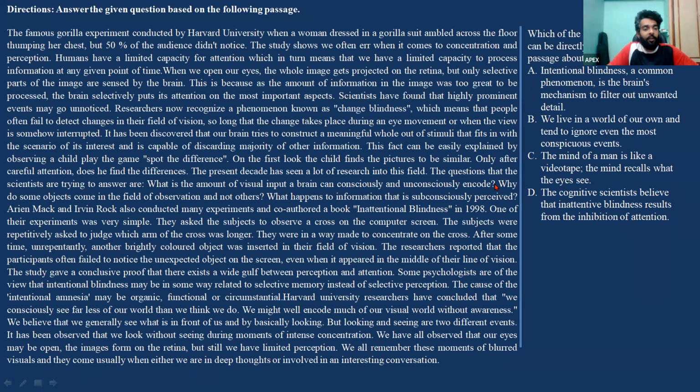So in this passage, we're looking at some evidence from Harvard University. And what did they say? The famous gorilla experiment conducted by Harvard University, when a woman dressed up in a gorilla suit, ambled, one good word, across the floor, thumping her chest, but 50% of the audience didn't notice.